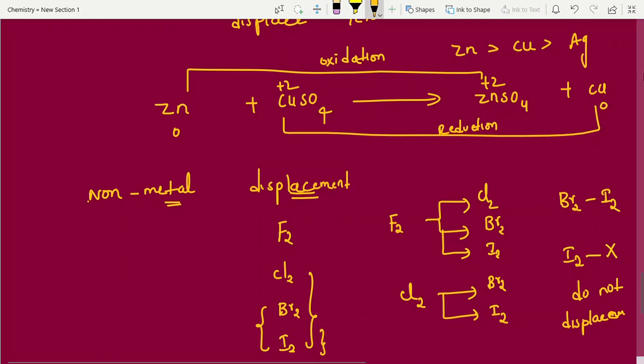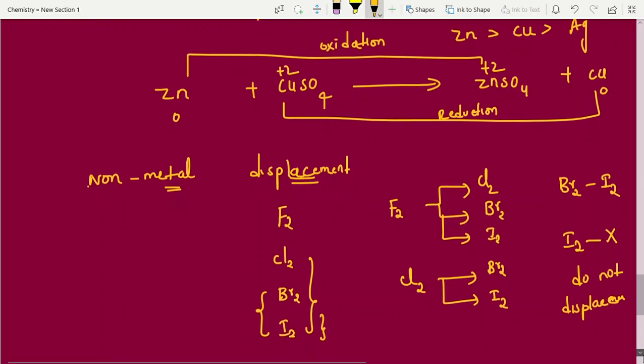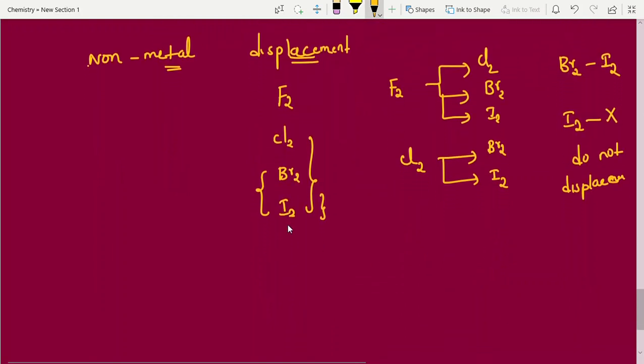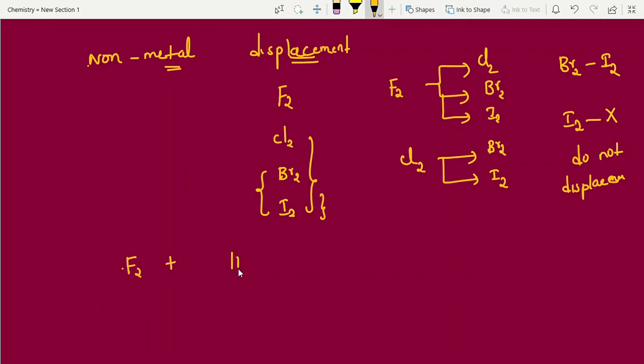That I can also write. For understanding this, I am giving one example. Halogens, they are asking more questions. See students, suppose fluorine reacts with HCl. Then what happened? It displaces chlorine, meaning chlorine gas will come out. Then HF. This is your answer.